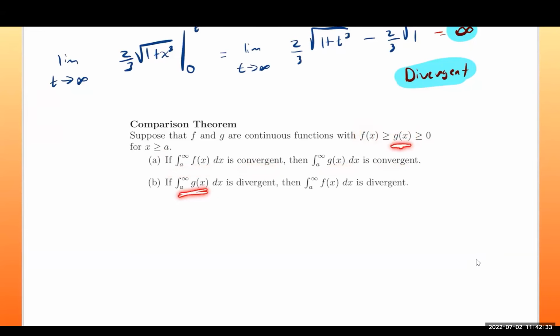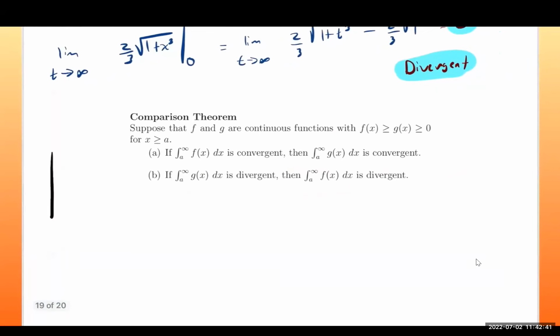And vice versa, if g is divergent and it's bounded above by f, then that means that this integral must also be divergent. It's a little bit easier to think about if you look at this graphically. Let's say you have f and g. Notice that f is greater than g, and they're both positive.